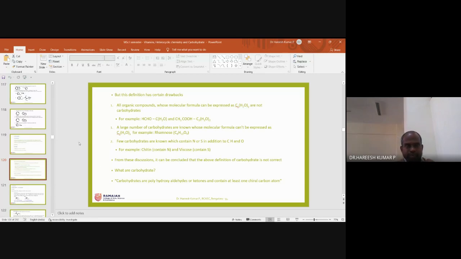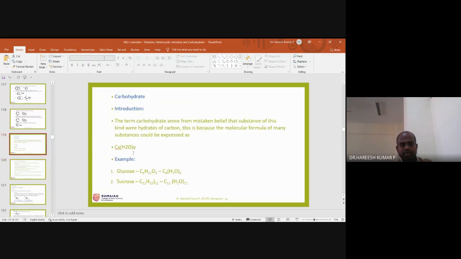Carbohydrate means initially the scientists were under the impression that carbohydrates are nothing but carbon and hydrogen containing compounds. Some used to say that carbohydrates are nothing but hydrates of carbon. So they also gave a general formula CxH2Oy.